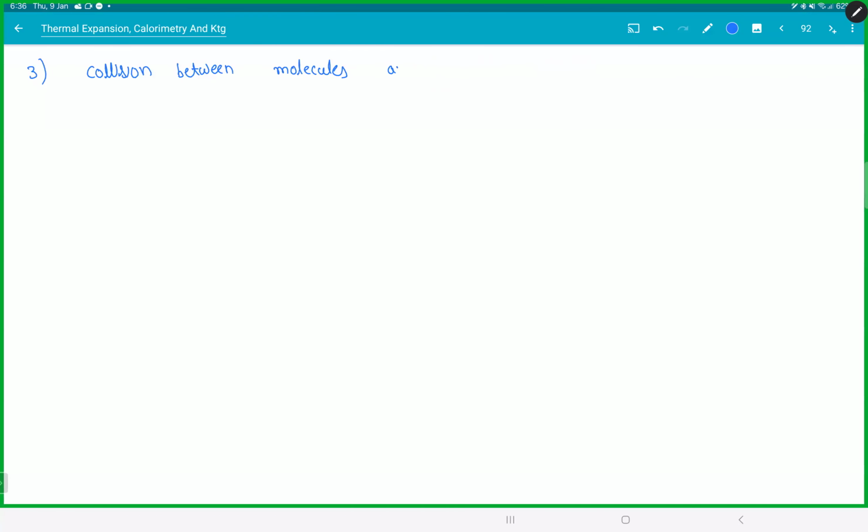Between molecules and container walls is perfectly elastic. There is no interaction between the molecules. Now, this is important. In an ideal gas, we assume there is no interaction between the molecules.